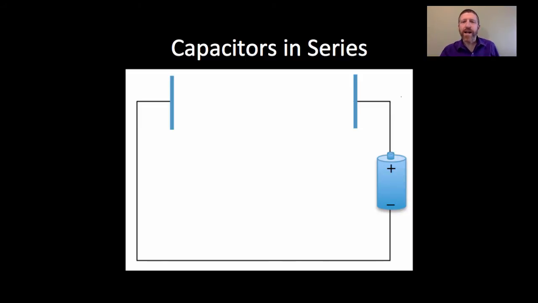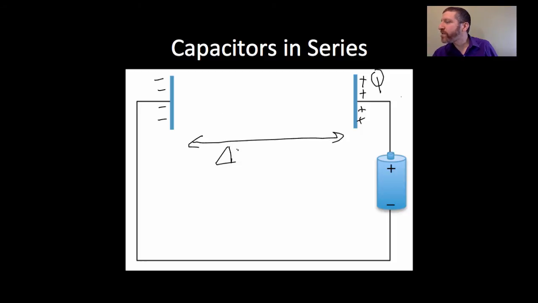It doesn't know what's going on in the circuit. All it knows is that it puts charge Q right on there, and that'll be negative Q over here, and it's got a voltage difference between these two outer plates. That's delta V total. That's the voltage difference between the top of the battery and the bottom of the battery.